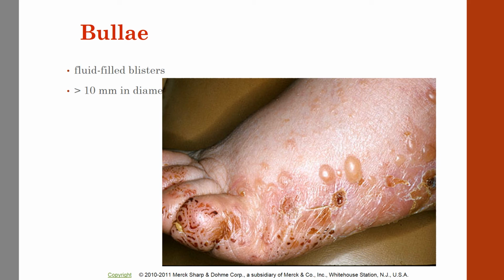There's some crusting there, so it doesn't look really good. It doesn't look really infectious because the fluid is clear, right? So what you don't do with these vesicles or bullae: don't pop them, because it's sterile and it has its own life. If you pop it, you will introduce bacteria and cause infection.